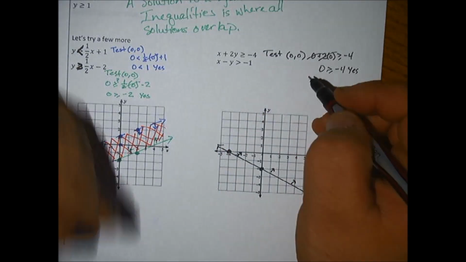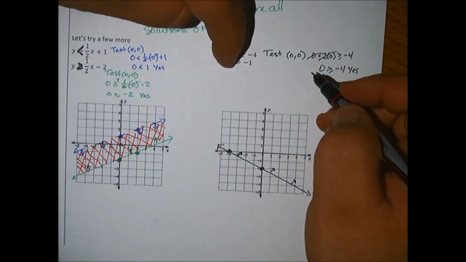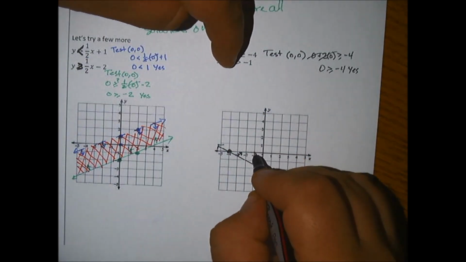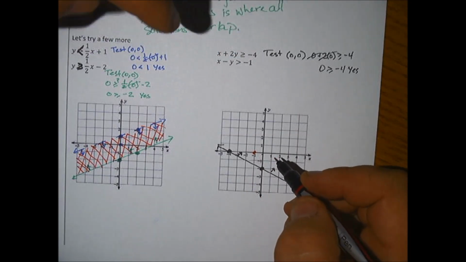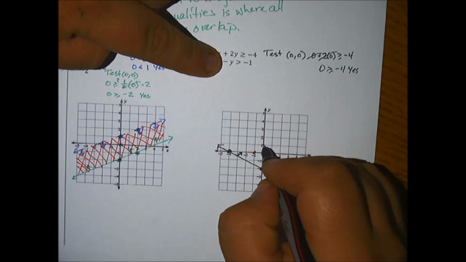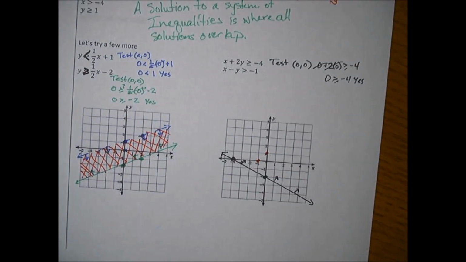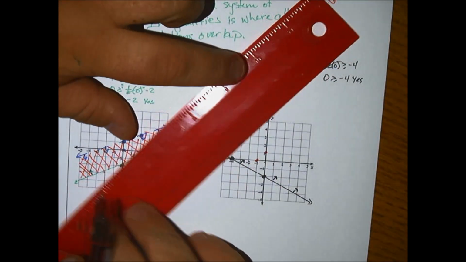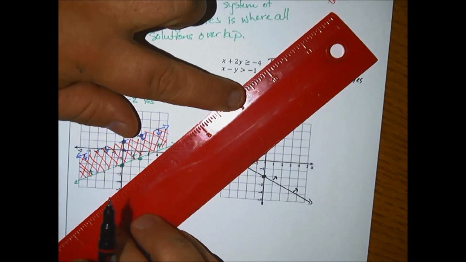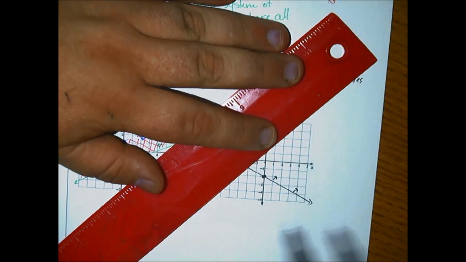And the next one here, cover up again. X-intercept of -1. And y-intercept of +1. And that's a dashed line because it's just a greater than symbol. So that'll be a dashed line.